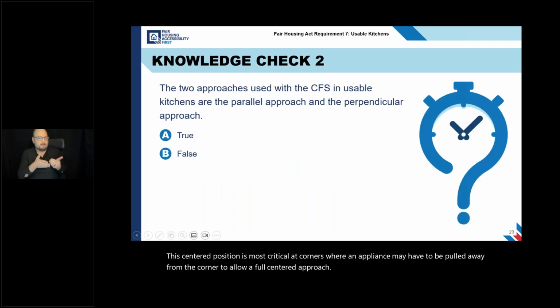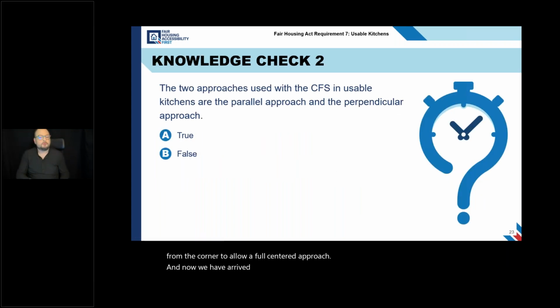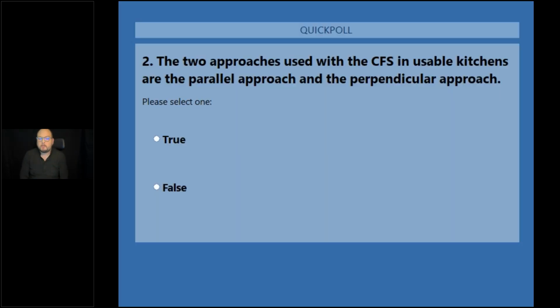And now we have arrived at our second knowledge check. And so I'm going to launch this poll. All right. Knowledge check 2 reads, the two approaches used with the CFS in usable kitchens are the parallel approach and the perpendicular approach. Is that true or is that false?